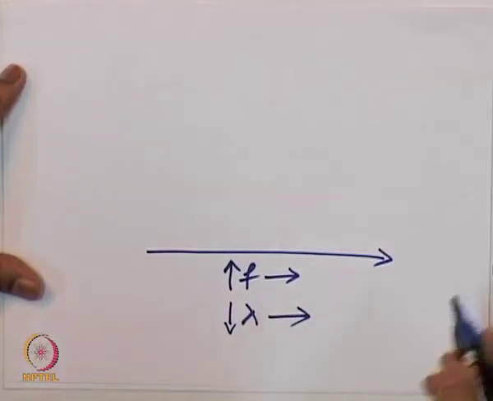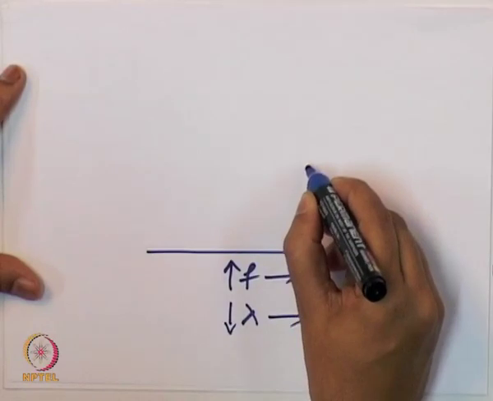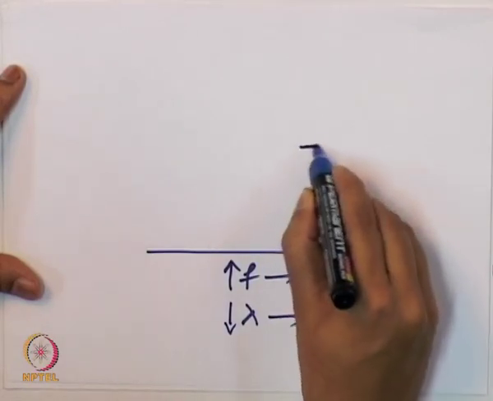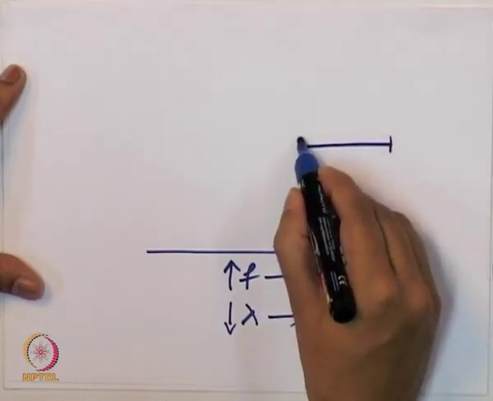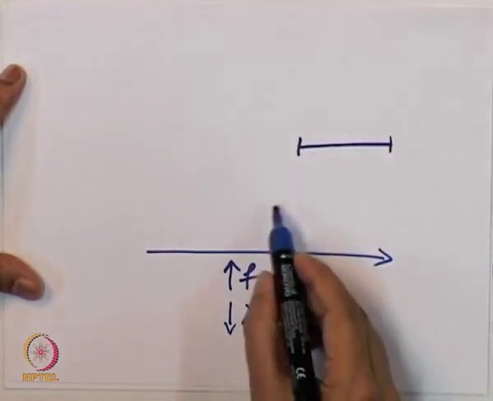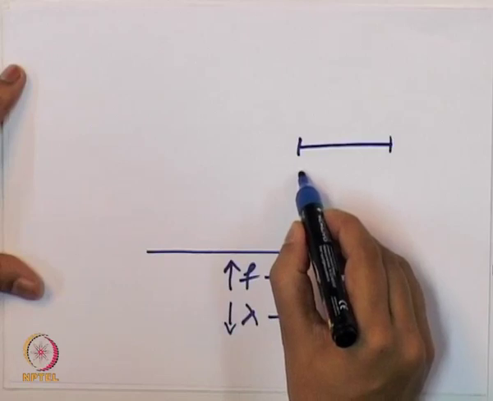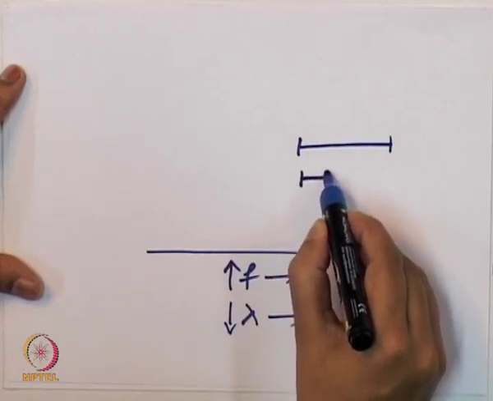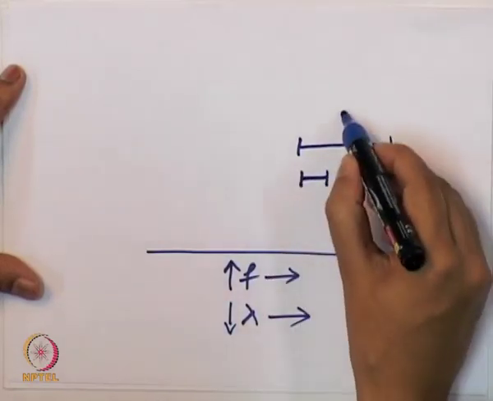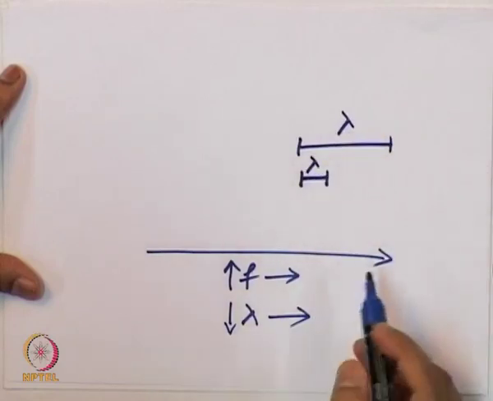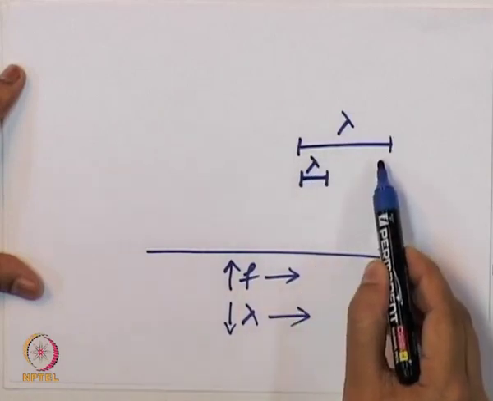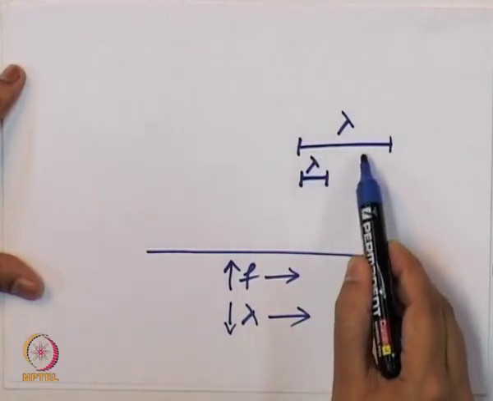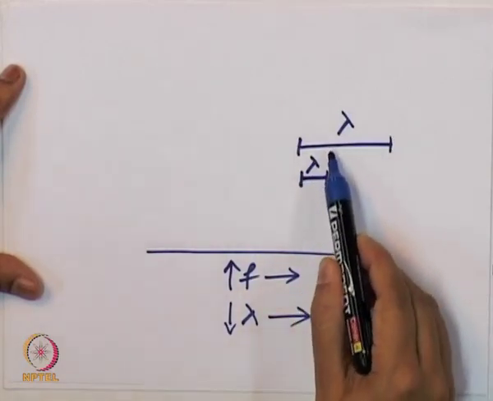That means, let's say we have lambda equal to a particular length. When we are increasing the frequency, the lambda values are going to be lesser and lesser. So this is the value of lambda. For a particular increase, what is happening is a change in the number of cells that are going to sit within this lambda.